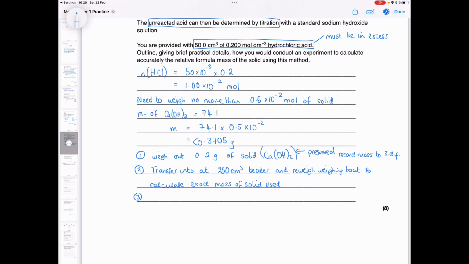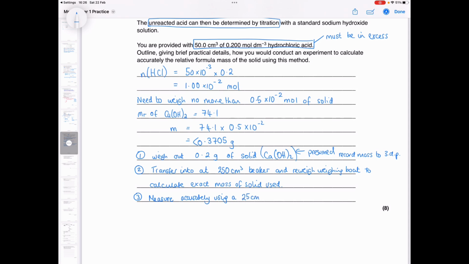Then the next step we're going to do is to measure accurately using a pipette. So we could use a 50 centimetre cubed pipette or two 25 centimetre cubed pipettes. We're more likely to encounter these in school.